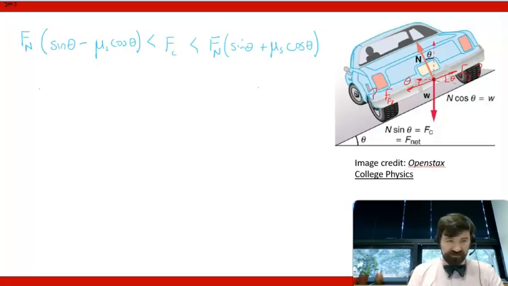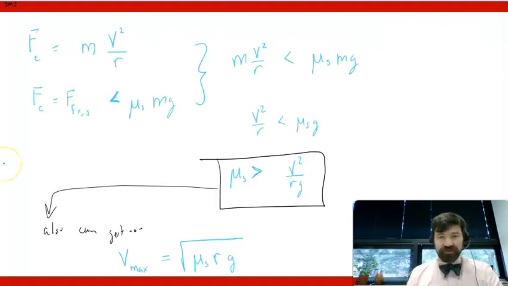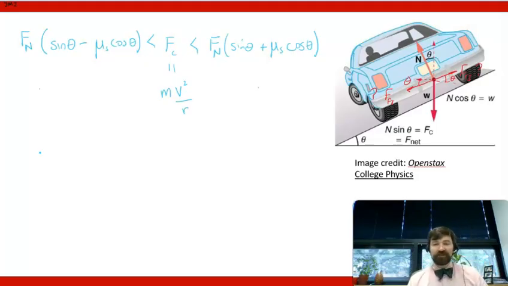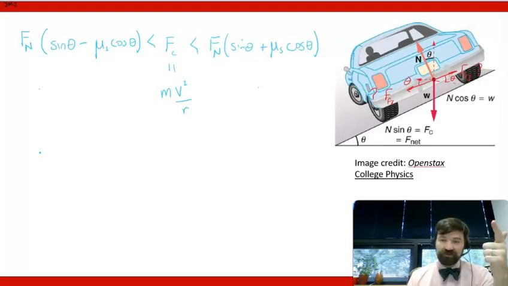And as stated with the previous unbanked curve, that bounds your upper and lower values of v max. So remember that the centripetal force is in turn m times v squared over r. And so it follows that you can find a maximum value for your speed given a banked curve and angle and given a coefficient of friction.